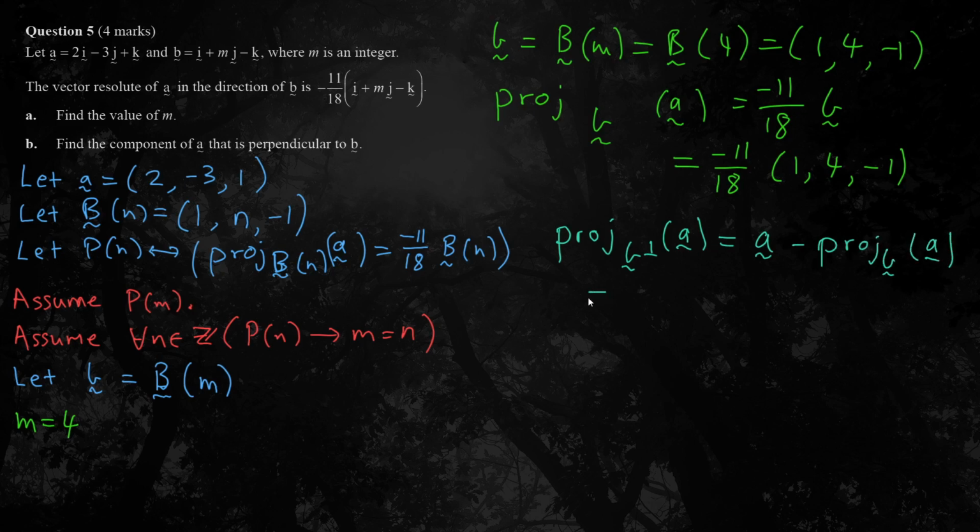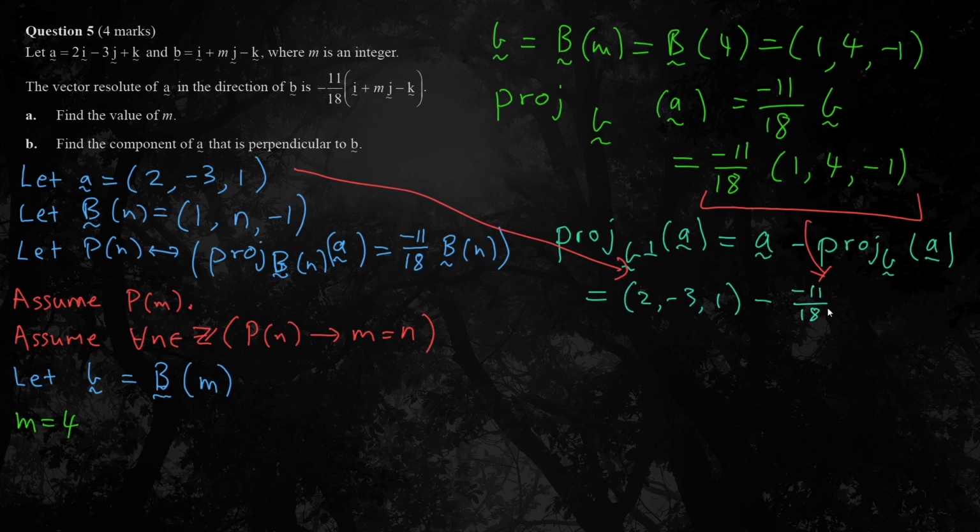So let's go ahead and put the numbers in. We know A, it comes from here, so let's just put that in. It's 2, -3, 1. And we've got the projection of A onto B. It's this, so let's bring this down. It's going to be minus -11 over 18, 1, 4, -1. Let's go ahead and put things over 18.